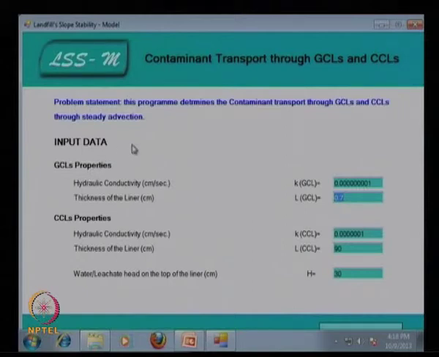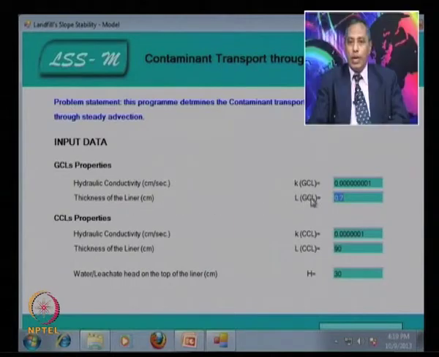So, the problem statement: this program determines contaminant transport through the GCL, the geosynthetic clay liner, by steady advection. The input data are the geosynthetic properties: hydraulic conductivity K of the GCL is 0.0000001, and the thickness of the liner, L GCL, is 0.7 centimeter.